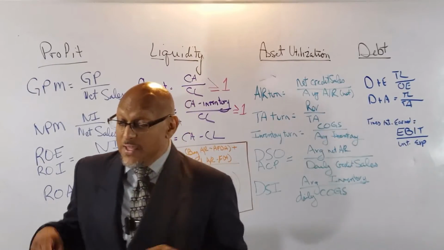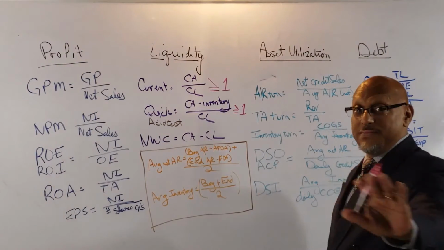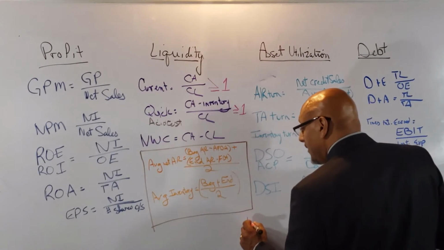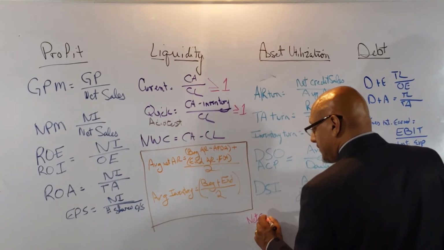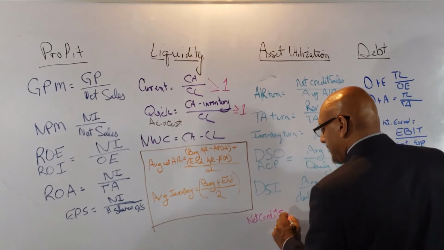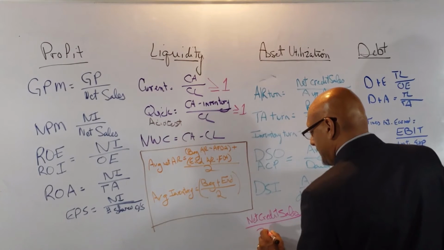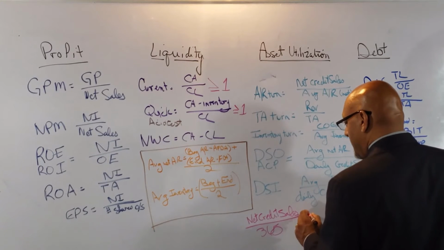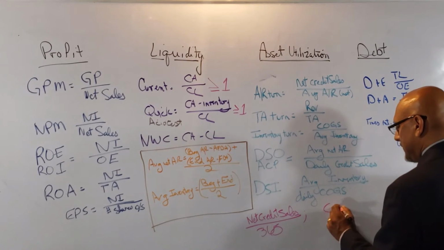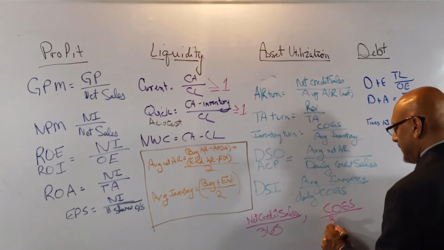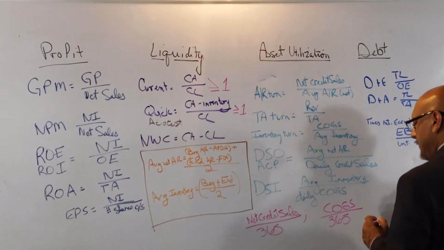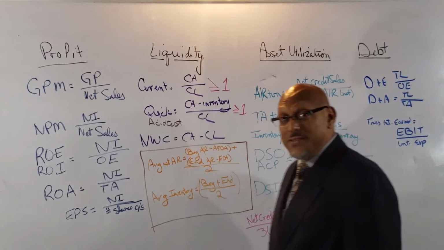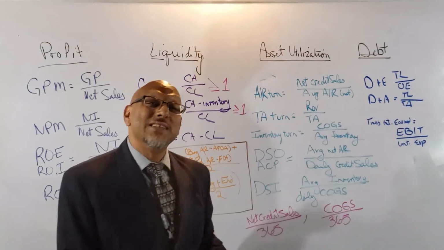Daily credit sales are calculated by our net credit sales divided by 365, the number of days in the year.